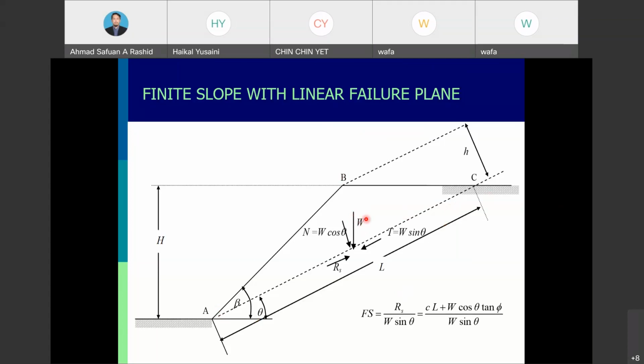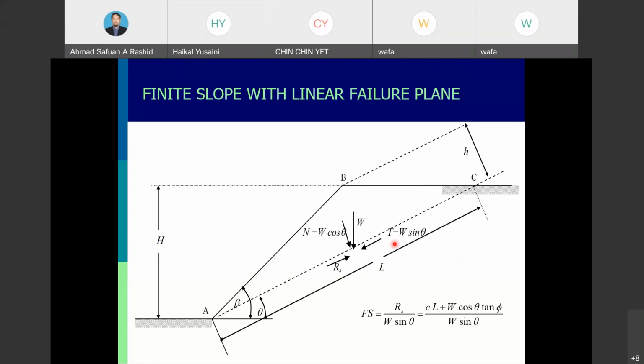So we need to determine the weight of this block. From there, we can work out the driving force and the resisting force. The resisting force is the force that prevents the block from moving downward, while the driving force is the force that causes the block to move downward.